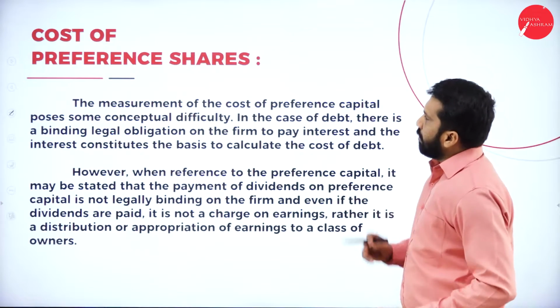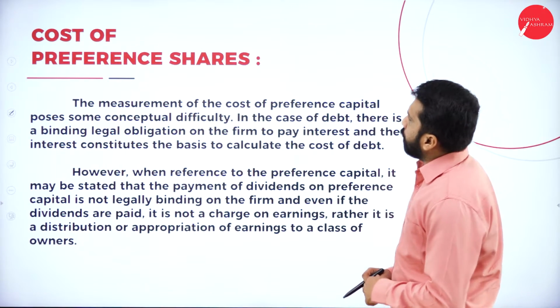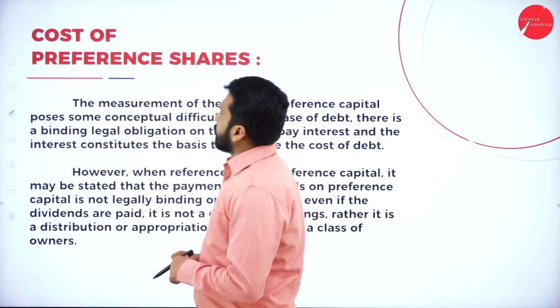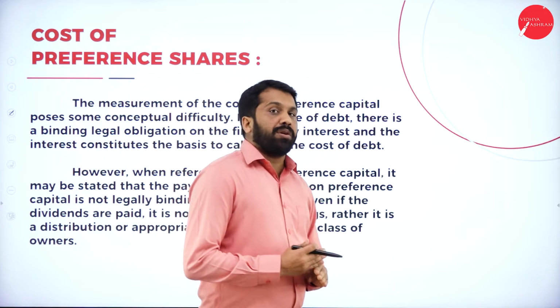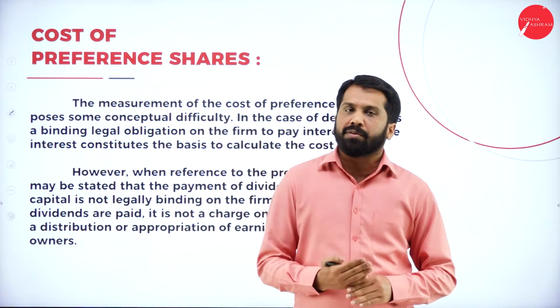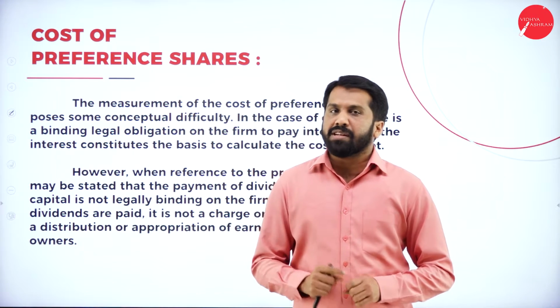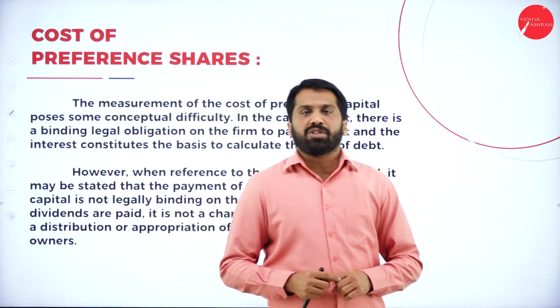Now, the next part will be cost of preference shares. So, what is preference shares? As you know, there are two types of shareholders. One will be equity shareholders, another one will be preference shareholders.